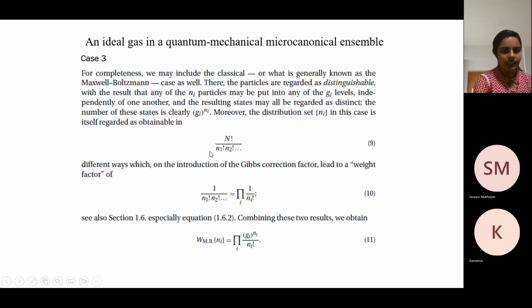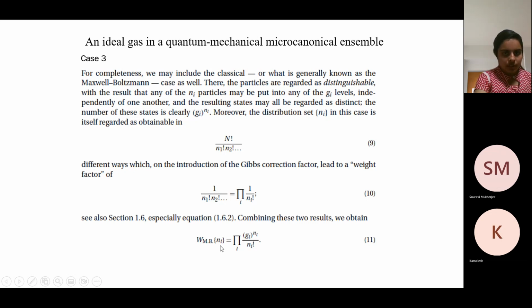It can be done in N factorial by N1 factorial, N2 factorial, and so on, such that the summation over all of N1, N2, Ni gives you N. Because the particles are identical, we again consider the Gibbs correction factor, so the weightage factor here is 1 by N factorial, Ni factorial.